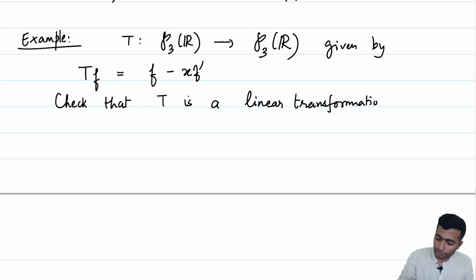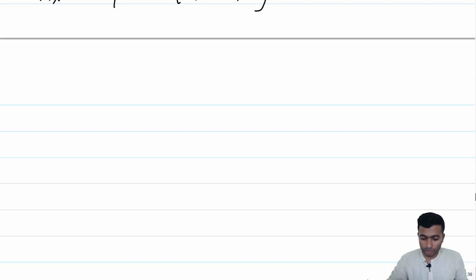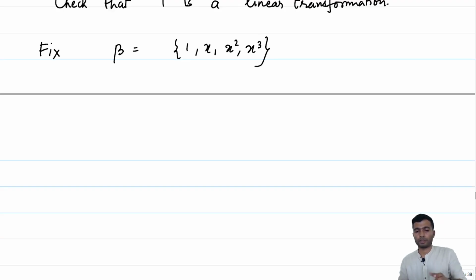Now, if you fix the basis beta consisting of 1, x, x square and x cube, let us try to calculate the matrix of T with respect to beta.